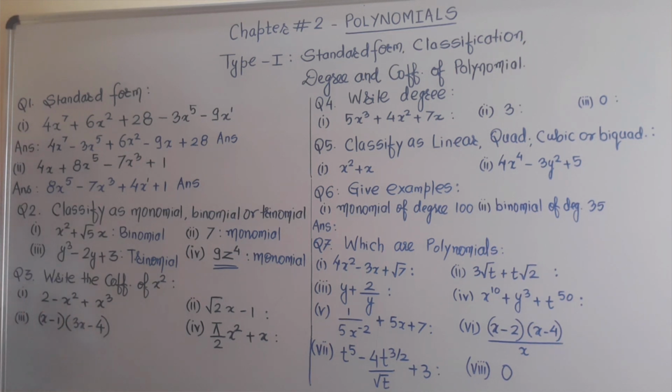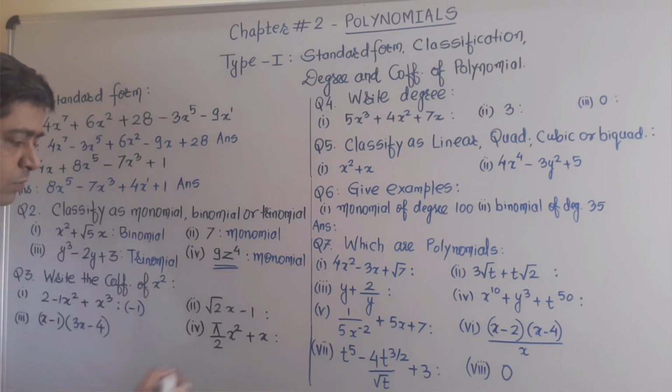Before x square, there is no value given, so I can assume 1, and observe that the sign before it is minus, so the coefficient of x square is minus 1. Similarly, in the second part, no term of x square is given in the question. So if there is no term of x square, we can say the coefficient will be 0.